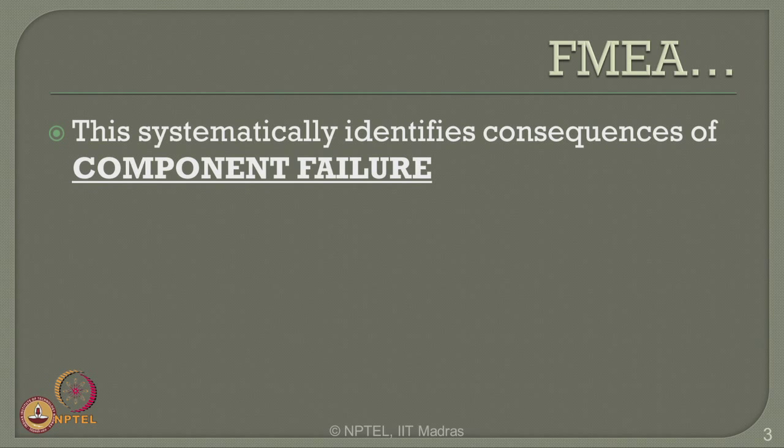So, it is important for us to do a micro level analysis, because it is very difficult to analyze the complex system as a whole. Therefore, we divide the complex system into component levels, and FMEA identifies the consequences of component level failure.